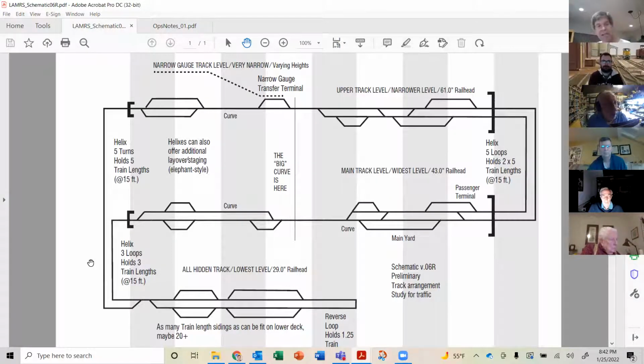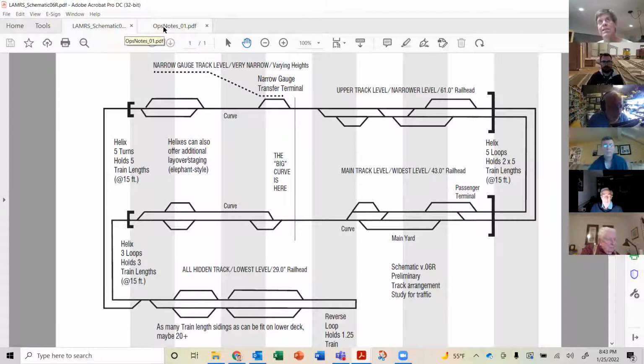I would say that helixes are boring to operate in. Whether they're in view and herniated like Lloyd has, it helps them not be so boring and keeps you from wanting to turn the throttle up to 9 million miles an hour because where's my train? It's gone so long.